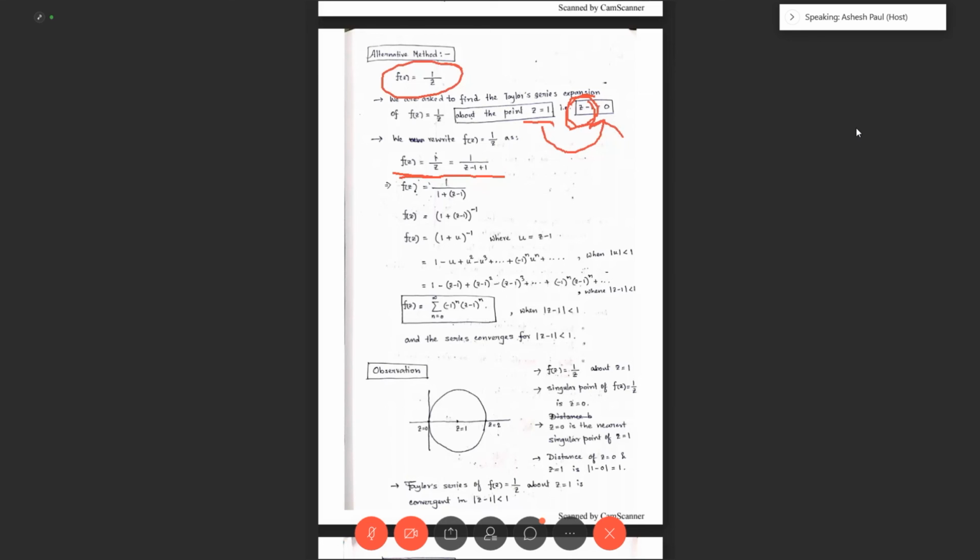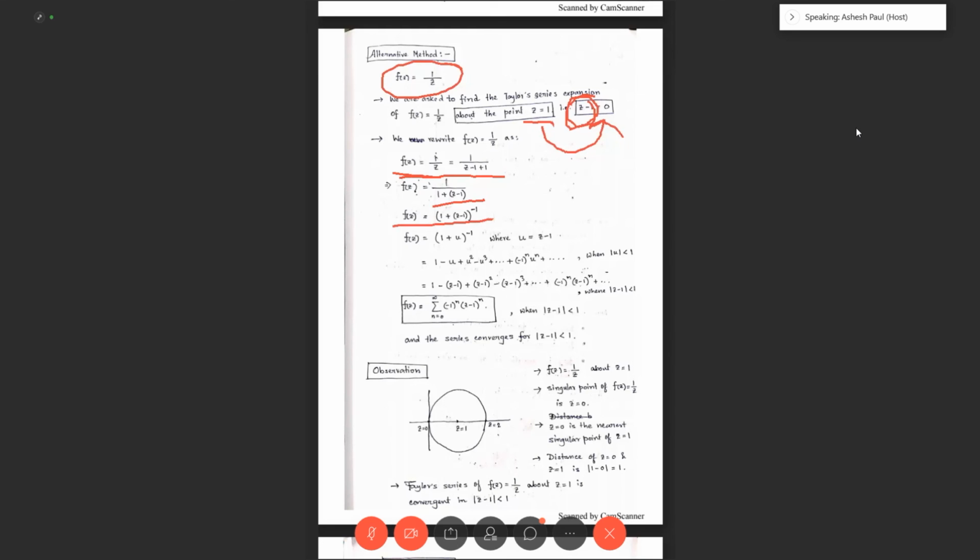In the next step, we write 1 by (z minus 1 plus 1) as 1 by (1 plus z minus 1), writing the unity term first. Then f(z) equal to (1 plus (z minus 1)) to the power minus 1.